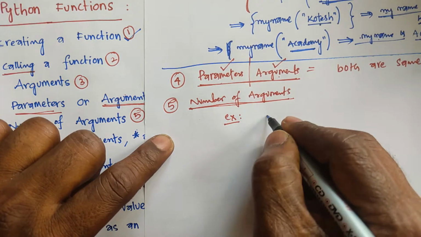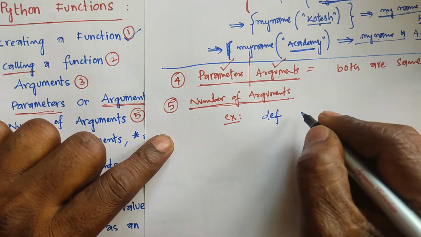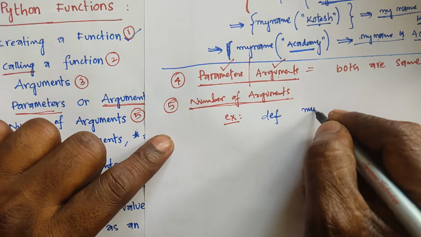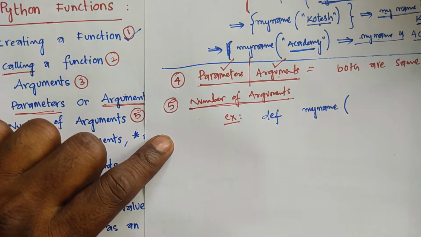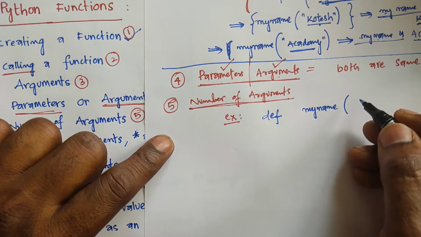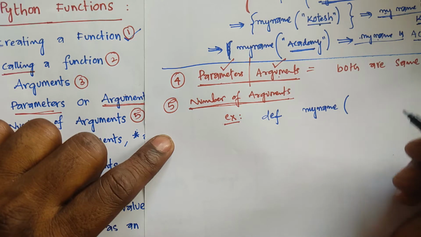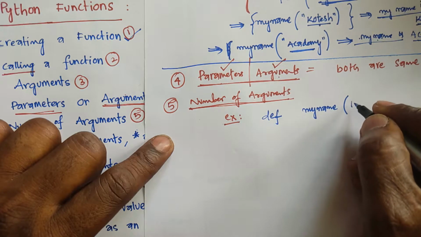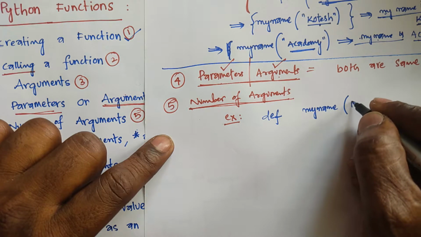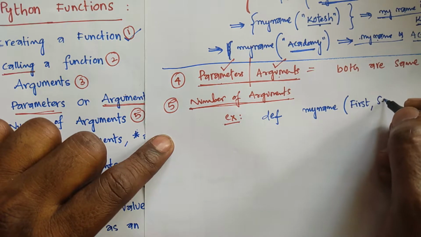For example, I am taking my definition as def, and my function name is myname. At this moment I am adding both first name as well as second name, first comma second.